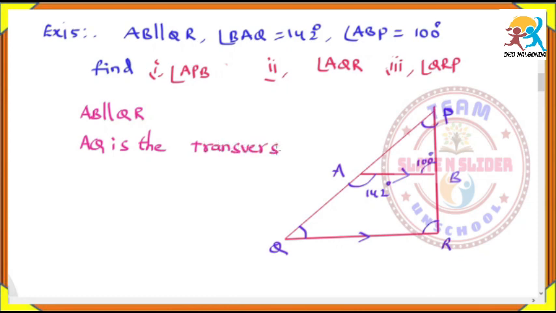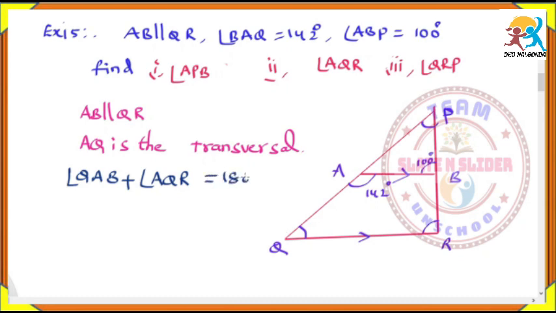Just observe the two angles, angle QAB and angle AQR. What is the relation between these two angles? These two are in the interior of the two parallel lines and also they are on the same side of the transversal, so their sum is equal to 180 degrees.